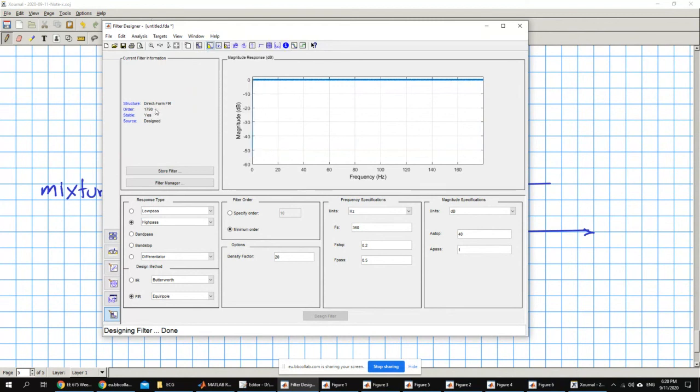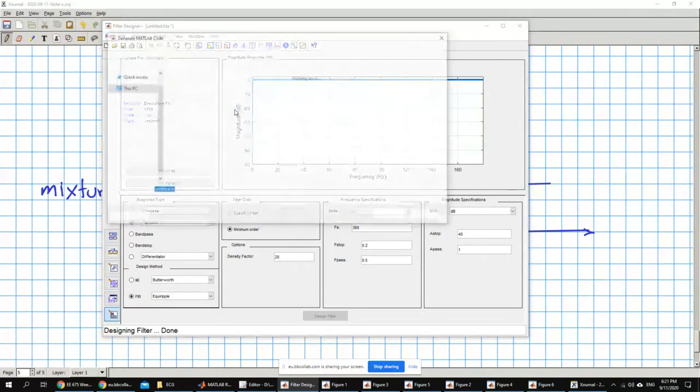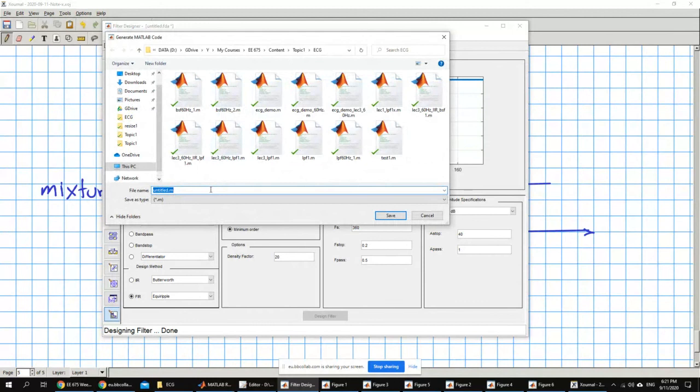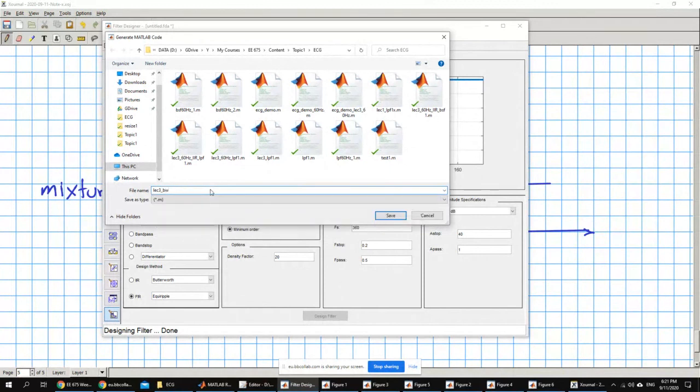How do you like that order? 1790, 1800 for a filter. It's extremely large, but let's just try it. Let's call it lag 3, baseline wander HPF 1, okay?